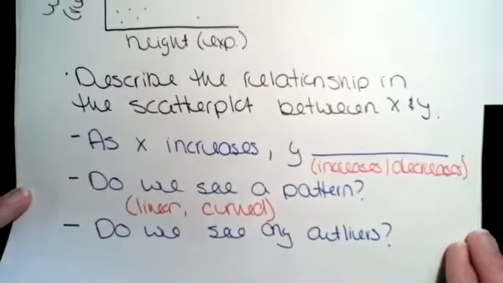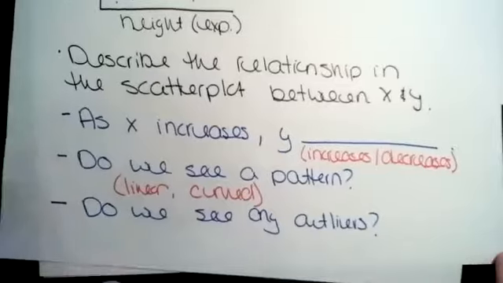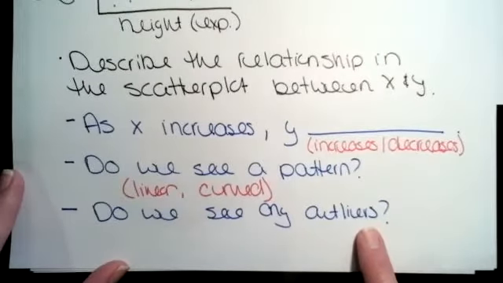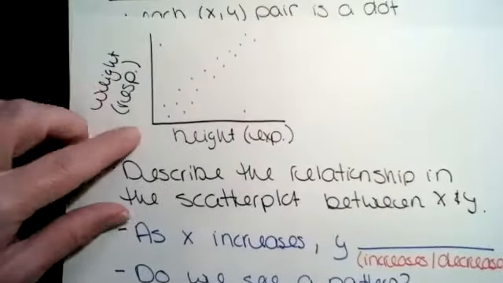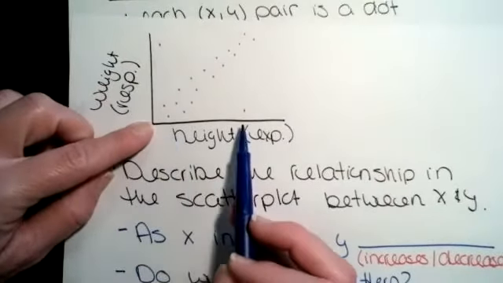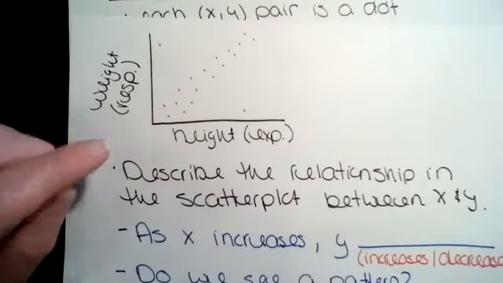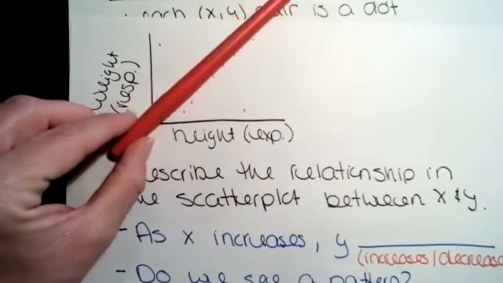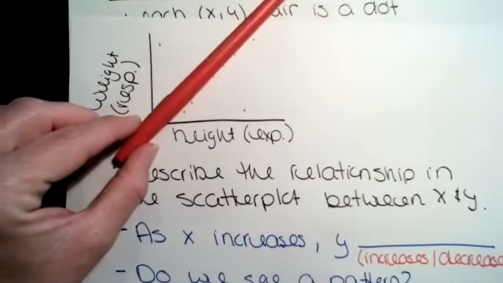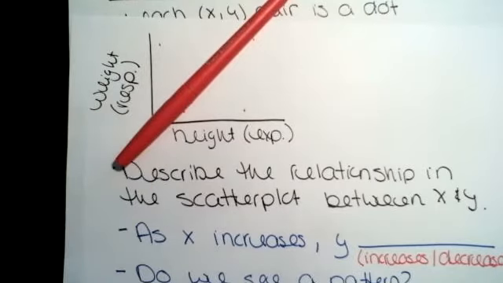So this is what we're going to do when we're describing the relationship that we see in a scatter plot. Okay, so we talk about these three things. So in this example here, I would say, like we already mentioned, as height is increasing, weight is also increasing. I do see a pattern. It does look fairly linear. So the way I know that is if I lay the pen right there, it almost covers all the dots right in the middle, right? So it's linear. They all follow that straight line.